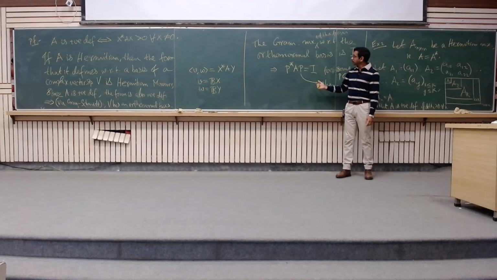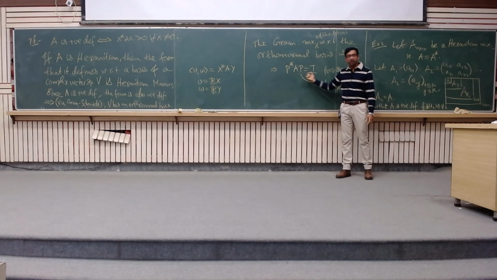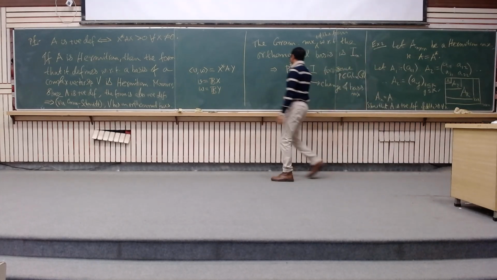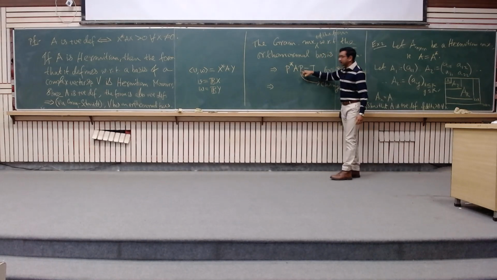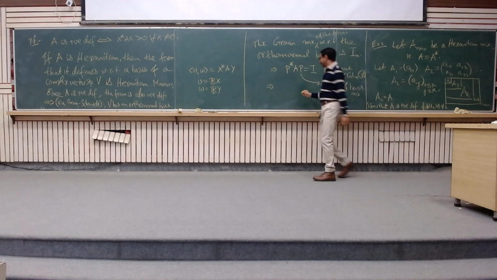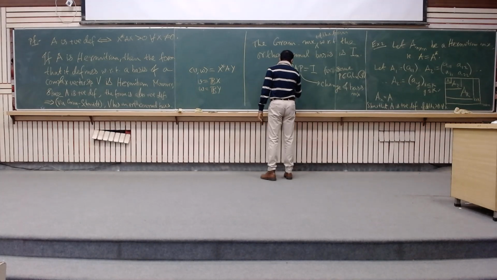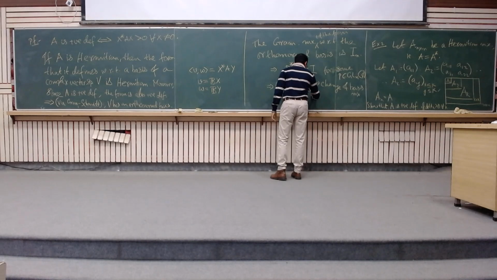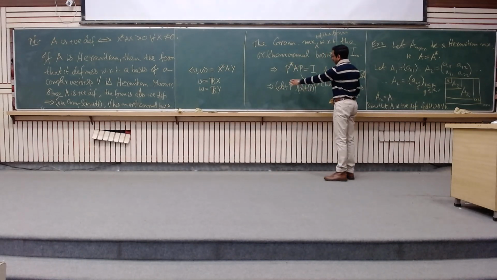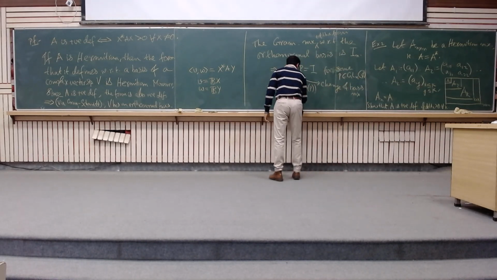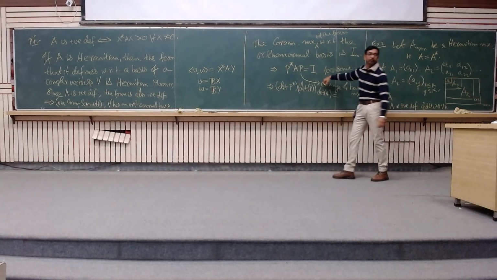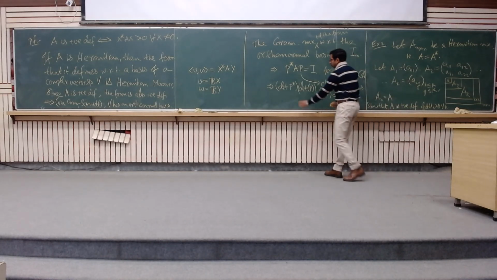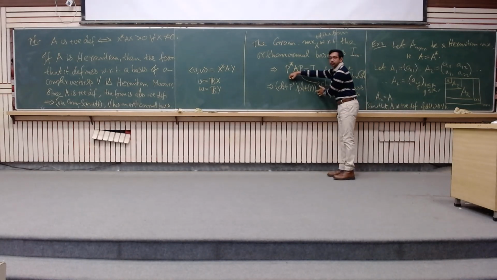And now what we are going to do is take determinant on both sides. That would give you, on the left, determinant of P star times determinant of P, multiplied with determinant of A. And on the right hand side, you are just getting 1, right? So now, please tell me what is this determinant of P star?